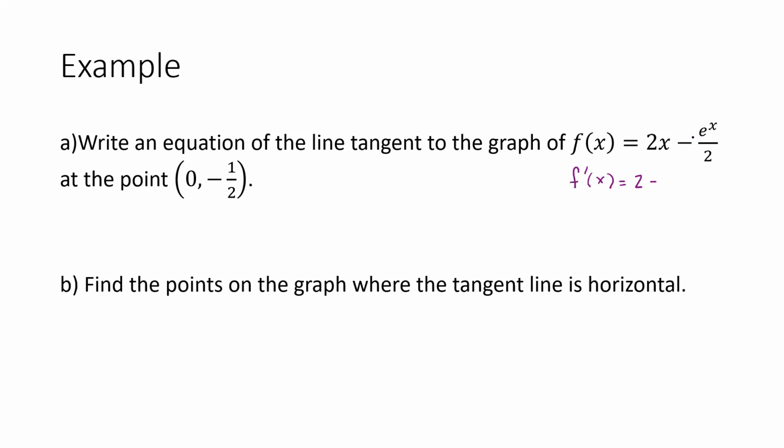So think of this as a constant 1/2 times e to the x. So it's the same thing, 1/2 e to the x. And then evaluating it at 0, e to the 0 is 1. 2 minus 1/2 will be 3/2.